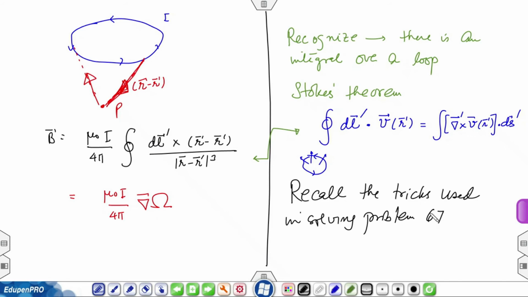I think it is not problem 67, let me check. This is problem 61 of chapter 1 of Griffiths. Recall, go back there, stop for some time and see what those tricks were, and then I am going to use the same tricks here.